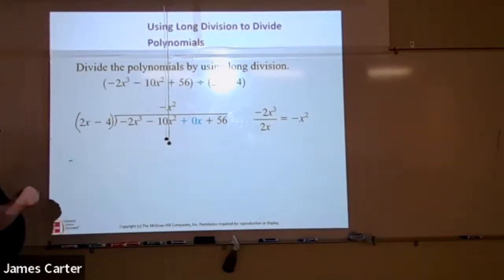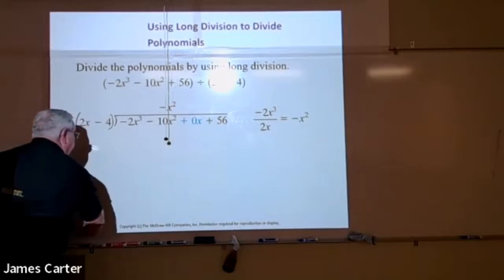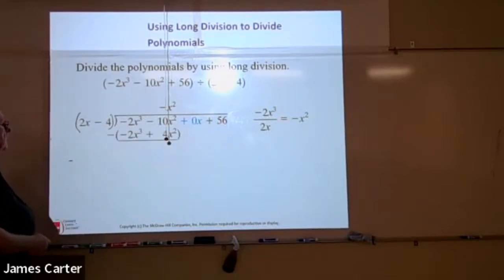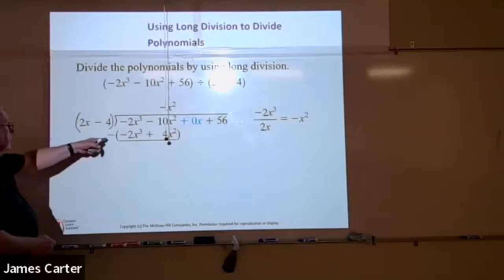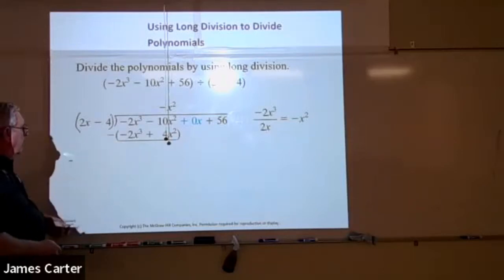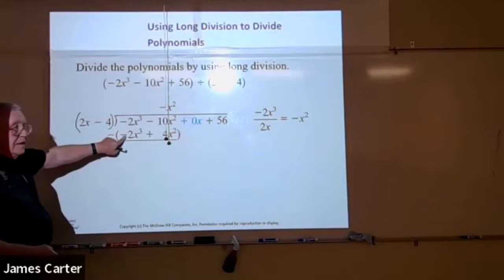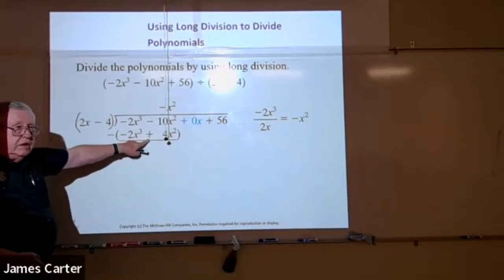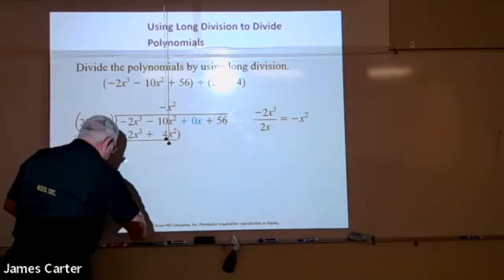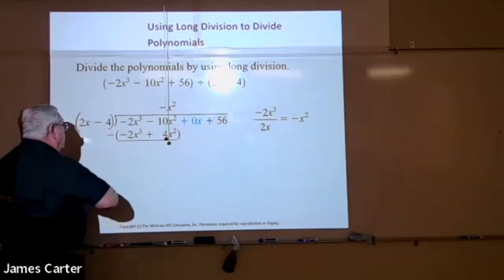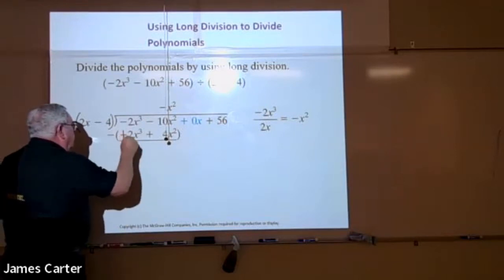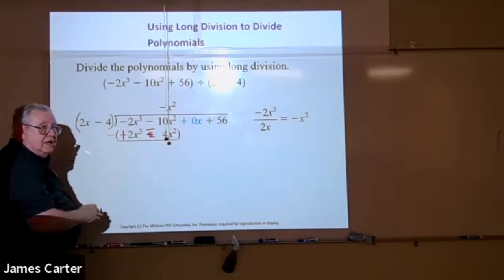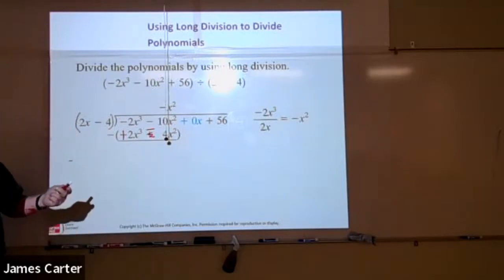Here's what we get when we multiply those out. Now they're showing it this way. And what's a negative times a negative? What's a negative times a positive? That's why I say just go through and change both signs, because it has the same effect.